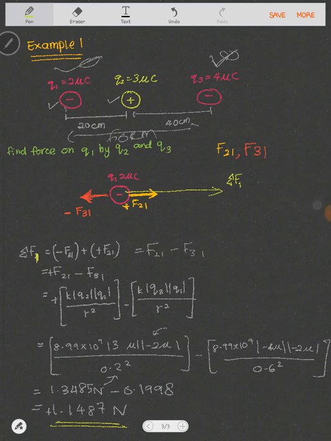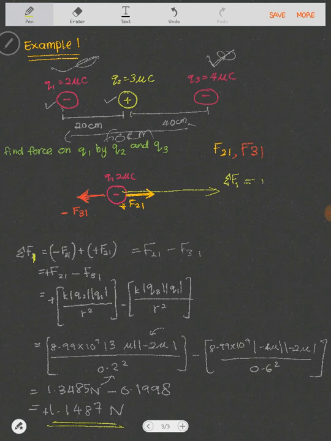So ni adalah magnitude dia, 1.1487 Newton. Okay, kesudahannya dia akan pergi ke arah kanan, sebab in the answer kita dapat positif. Okay, kalau kita nak tengok lagi satu bukti dia, kita tengok force pada charge between 2 and 1 kita dapat 1.3485 kan.